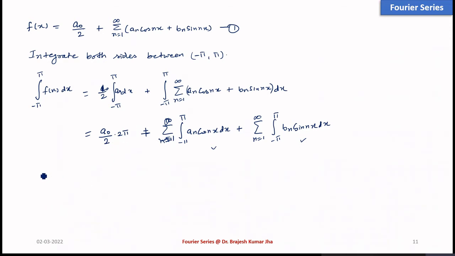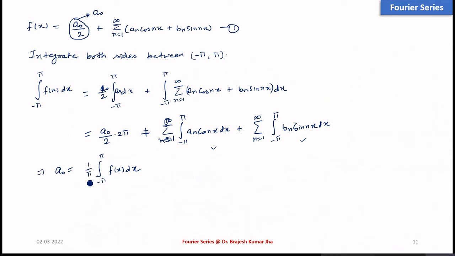So finally, a0 is equal to 1 upon pi times the integral from minus pi to plus pi of f(x) dx. In some books, in the place of a0 it is written a0, and in that case a0 is equal to 1 upon 2 pi.